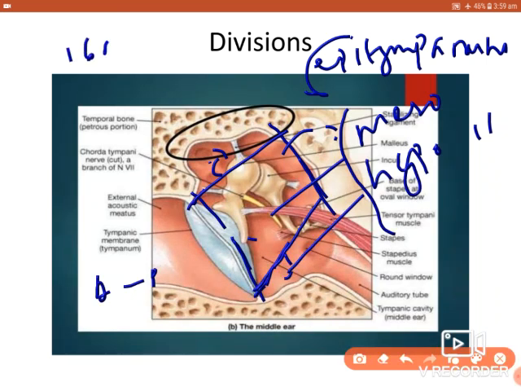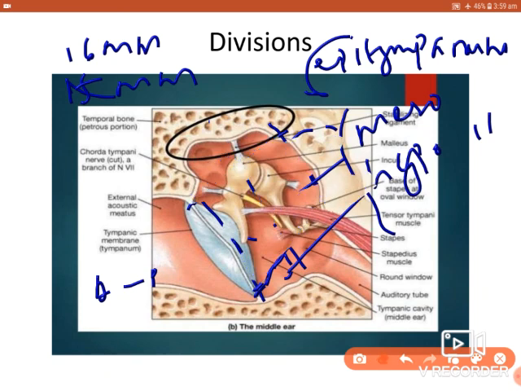Okay. Coming to the dimensions, the anteroposterior length, from anterior to posterior, is 16 millimeters. The vertical dimension is 15 millimeters. Then the transverse diameter is lower in the middle.